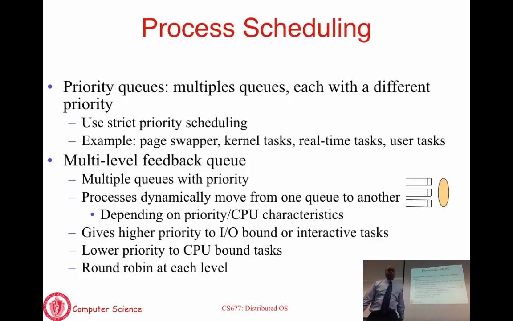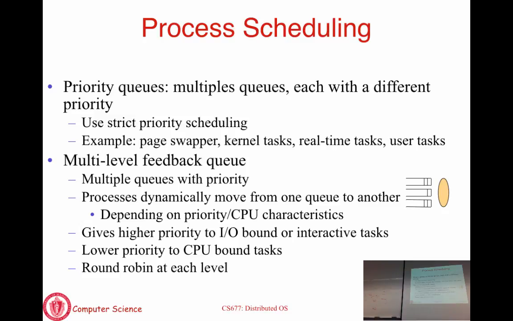Okay, so now let's talk a little bit about priority scheduling, and I'm going to talk also about a scheduler that you may have encountered in an undergraduate course as well, called multi-level feedback queue or MLFQ. In many systems, you can have priorities associated with processes, which tells the OS what is the importance a user has assigned to that process.